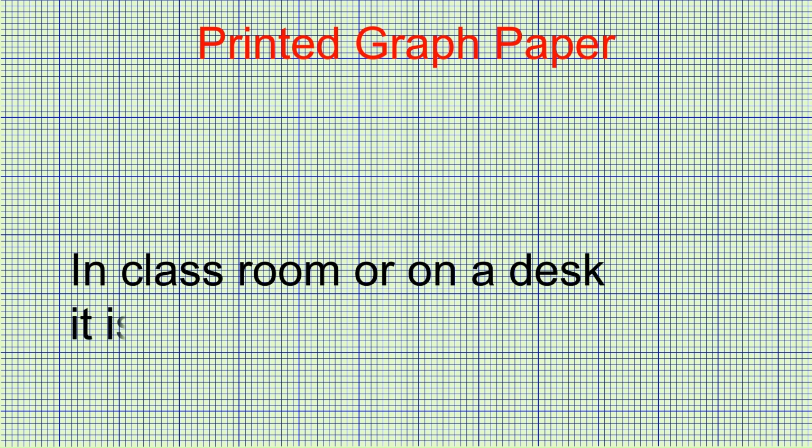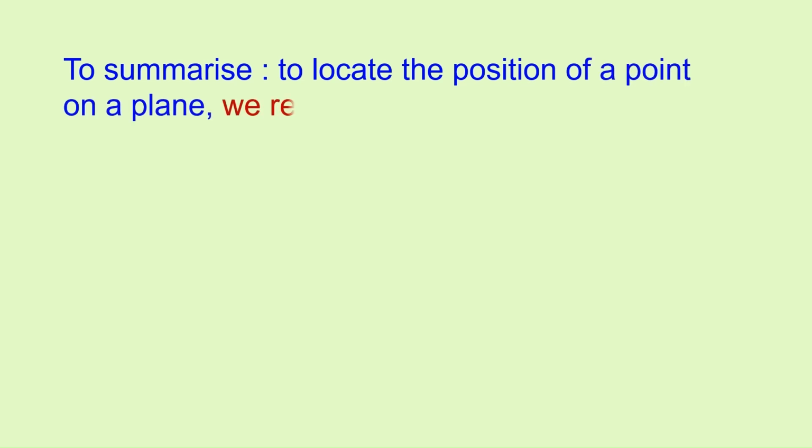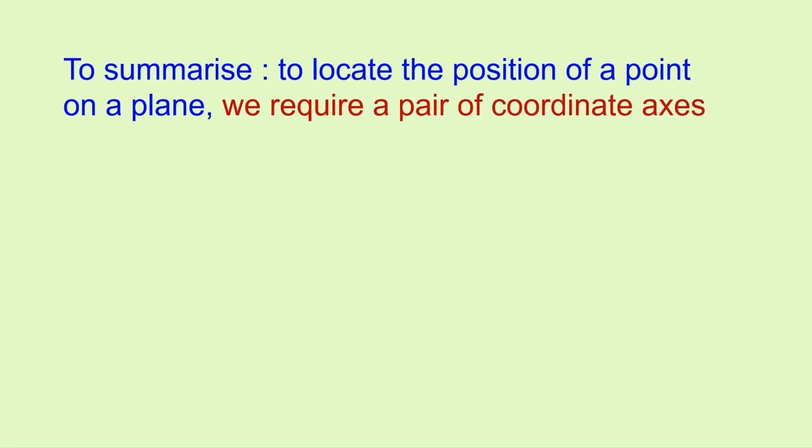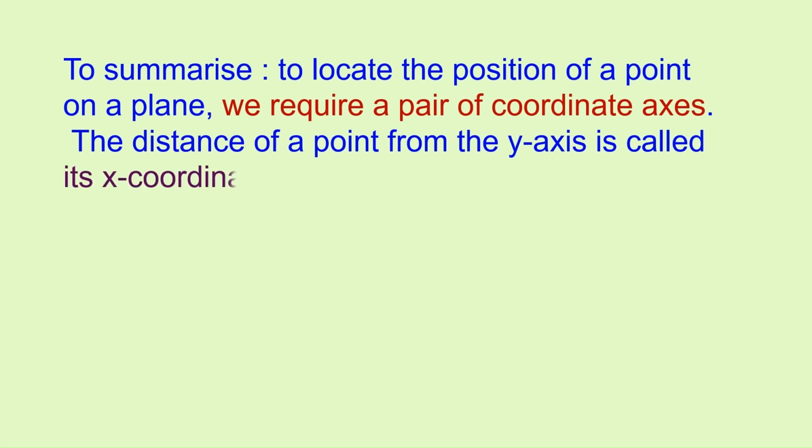In classroom or on a desk, it is preferred to use pre-printed graph sheet. To summarize, to locate the position of a point on a plane, we require a pair of coordinate axes.